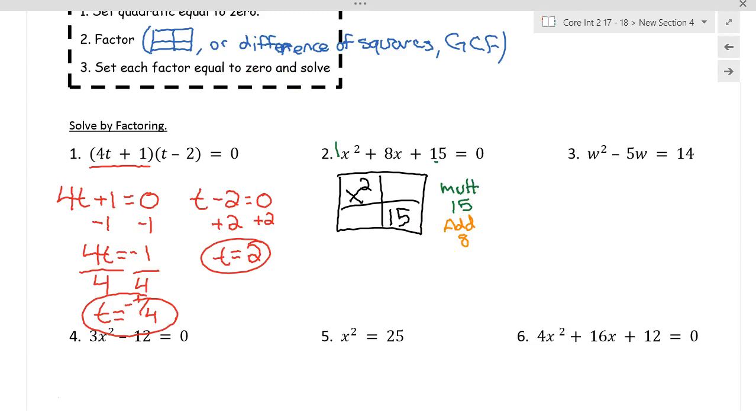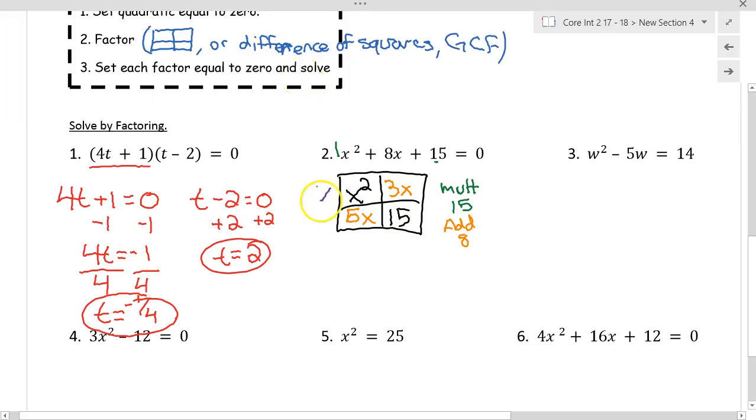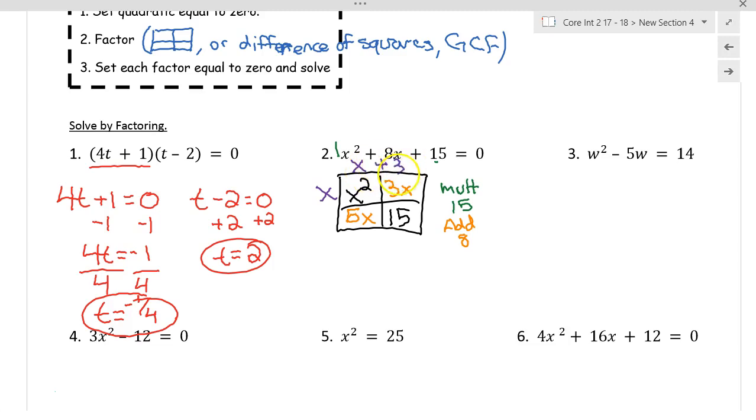What multiplies to 15 and adds to 8? That's going to be 3x and 5x. So, writing x squared is x times x, times positive 3, x times positive 5.